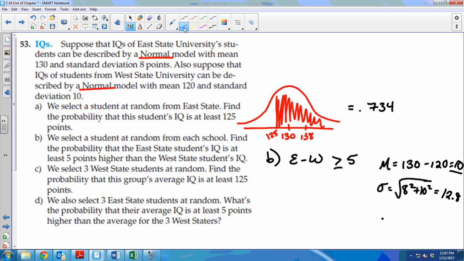So then, in this case, if we're drawing the model, we have a mean of 10 and standard deviation of 12.8. And we're looking for greater than or equal to 5, which is in here somewhere. Right? So in your calculator, you're looking from 5 to infinity with this mean and standard deviation.